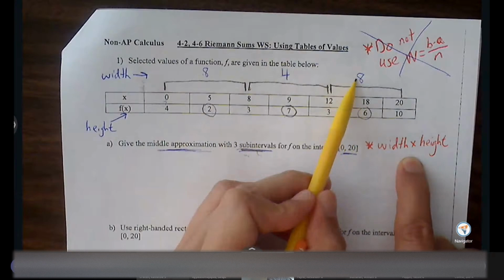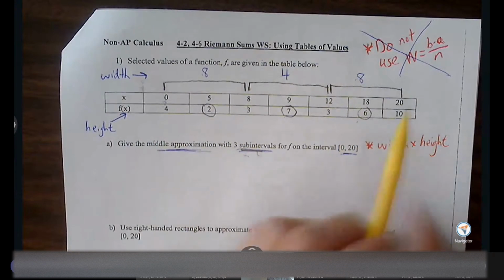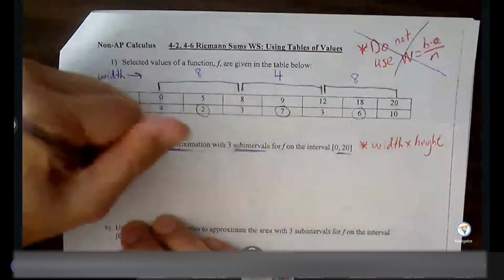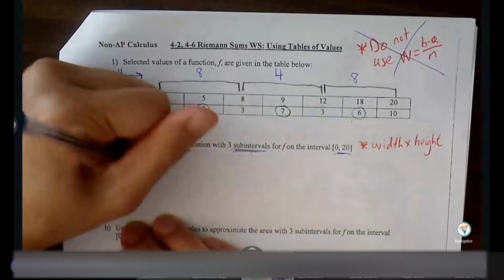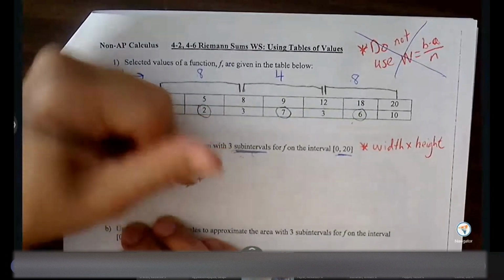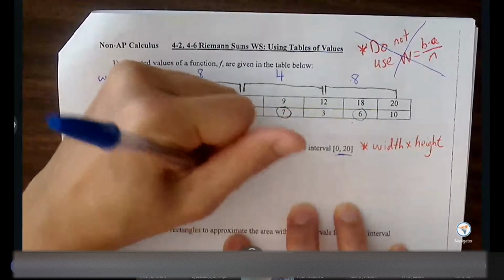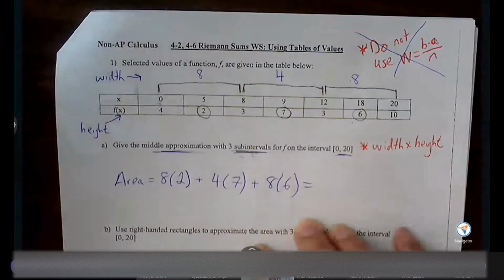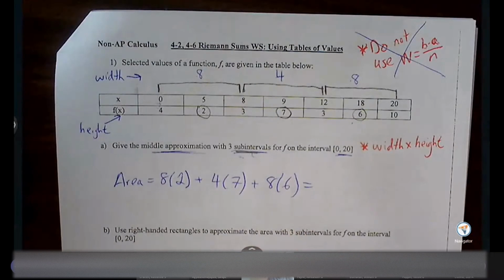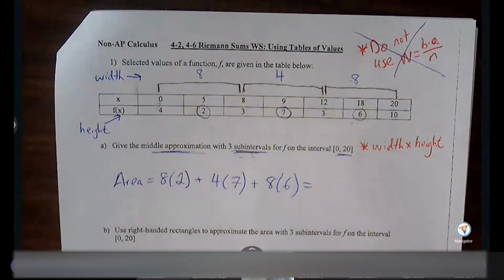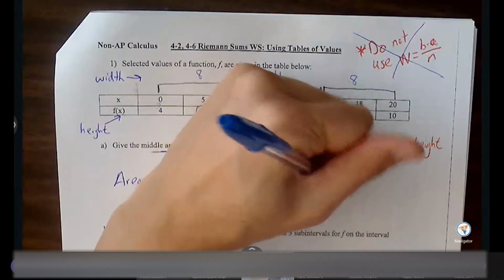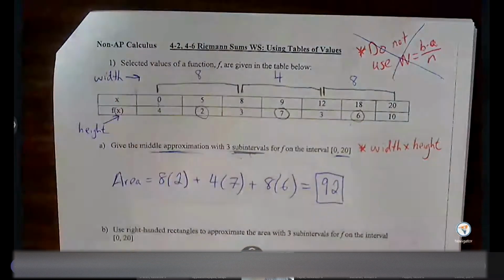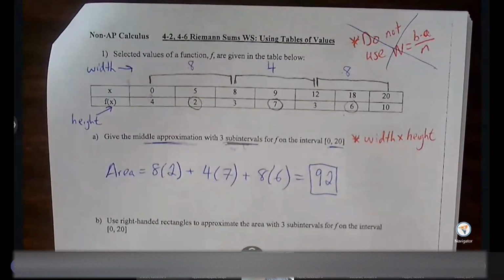Third rectangle, width times height. Okay, combine those numbers together, 16 plus 28 plus 48, 92.